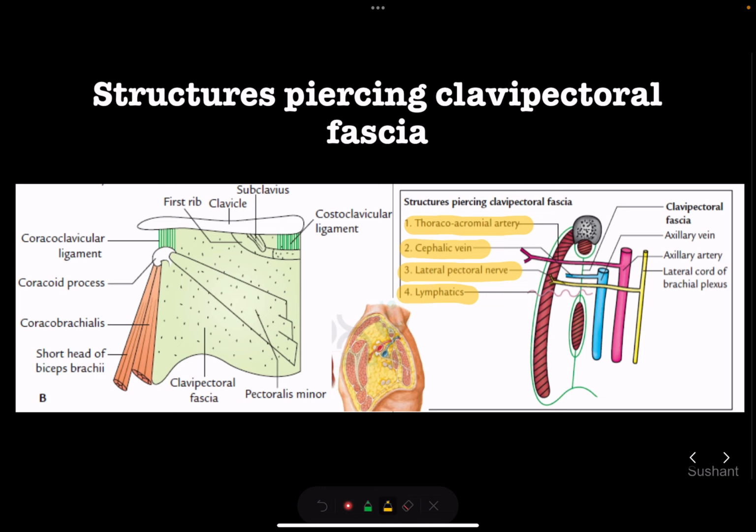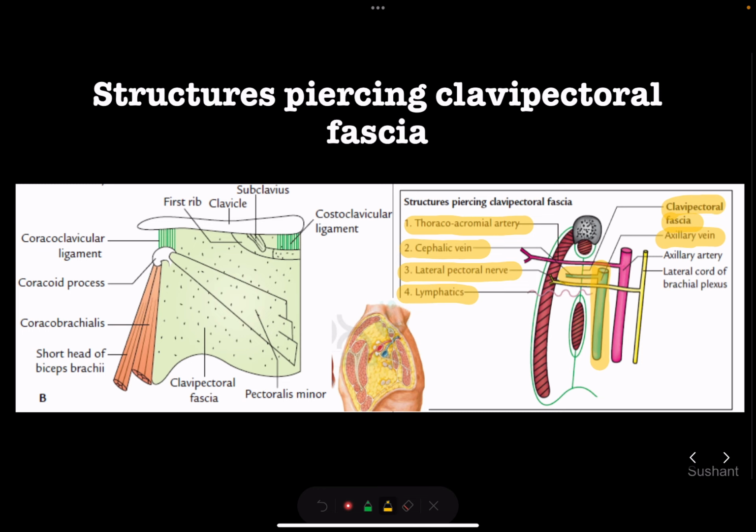So this cephalic vein continues along the lateral side of the forearm, lateral side of the arm, lateral to the biceps brachii. Then it enters the deltopectoral groove. Then it pierces the clavipectoral fascia. Then it opens into the axillary vein. So the cephalic vein, on its way to drain into the axillary vein, pierces the clavipectoral fascia here.